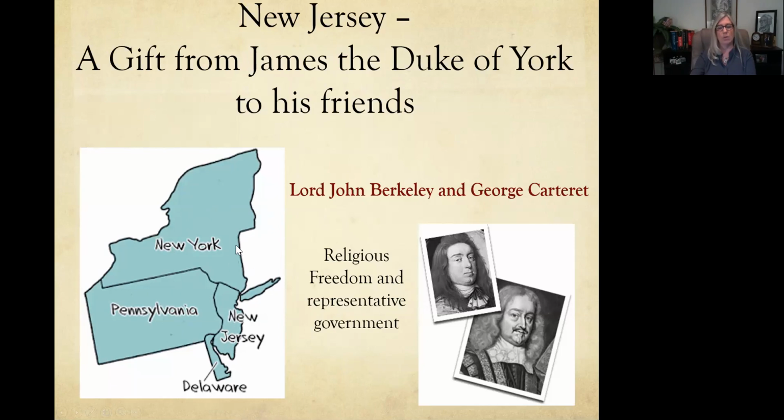This whole part here was given to the Duke of York, and he gives his buddies, John Berkeley and George Carteret, New Jersey. So he lops off part of his gift and makes them proprietary owners of New Jersey. And they're going to be allowed religious freedom there and a representative government. So New Jersey was again part of this New Netherland settlement.